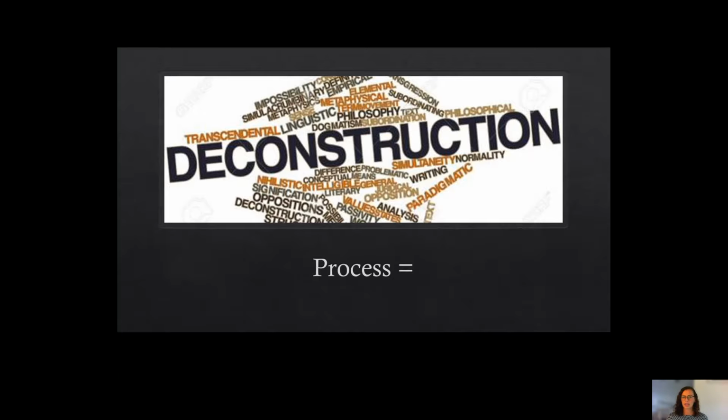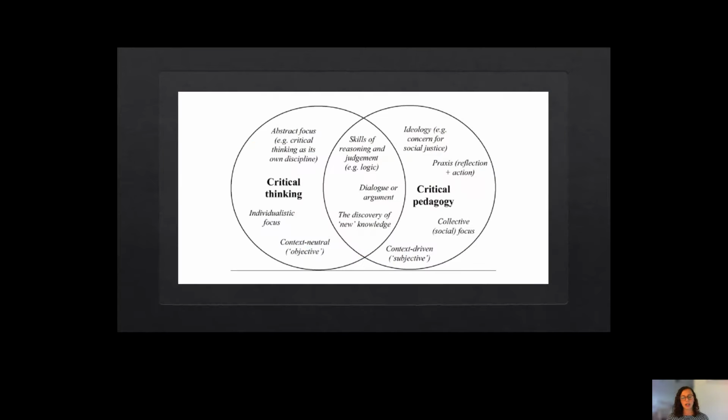Now, a lot of you might be sitting there thinking, what on earth has this got to do with anything critical pedagogy related? Well, it is important because critical thinking is a huge part of critical pedagogy. And we have to understand critical thinking before we can really delve into critical pedagogy.